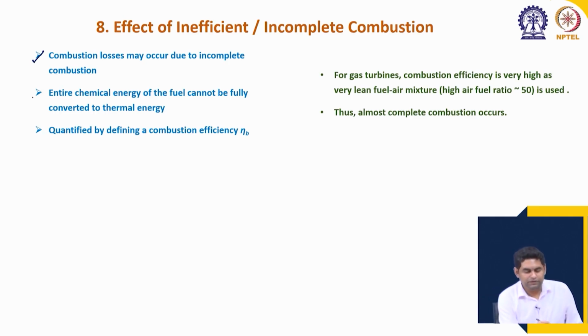In this case, if there is incomplete combustion, the energy released is slightly lower and it also leads to formation of carbon monoxide instead of carbon dioxide if we have partial combustion. In the case that there is a lot of incomplete combustion, which is very rare, even unburned carbon particles can be there, but that does not occur normally for gas turbines.